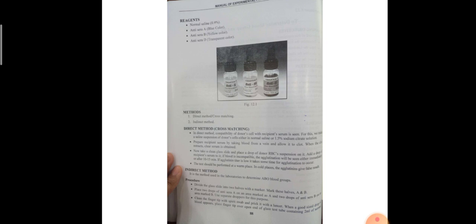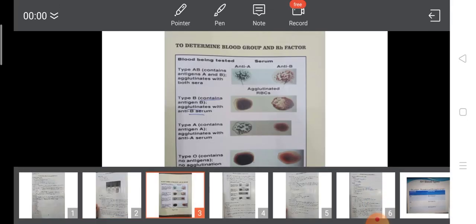Afterwards, we will prepare the test tube in which we will take 0.9% normal saline and the recipient's blood. Wait a minute. Okay, we will take the saline solution 0.9% and invert the tube once so that a small amount of blood is transferred into the saline and a suspension of red cells in normal saline is prepared.